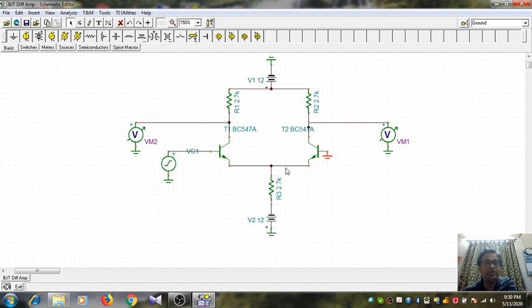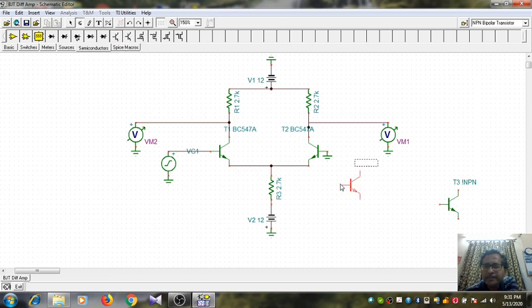Then the current mirror circuit, all of you remember, you have done it in the laboratory. The basic current mirror consists of 2 transistors. So let us go over to the semiconductor, bring a transistor here, another transistor, and this should face back to back, so do a mirror.